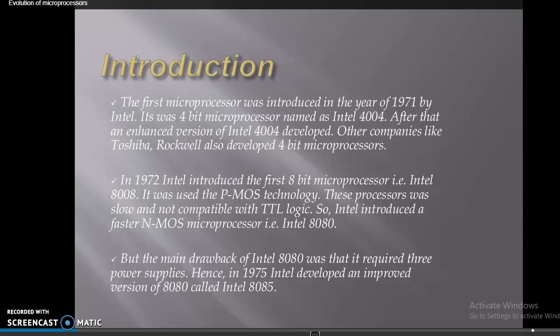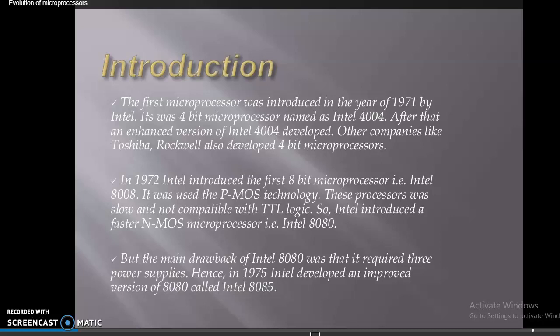After that, an enhanced version of Intel 4004 was developed. Not only Intel, in the same year 1971, other companies like Toshiba and Rockwell also developed 4-bit microprocessors. Then in 1972, Intel introduced the first 8-bit microprocessor. Here you can see the word 8-bit. It means the microprocessor can process 8 bits at a time.